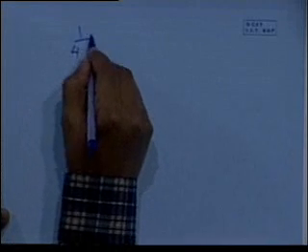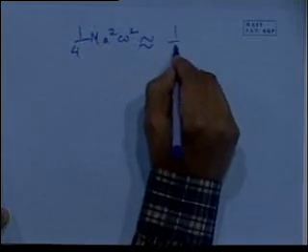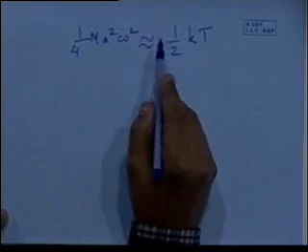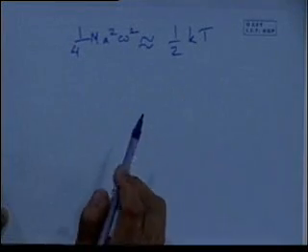So I've got this term as the average kinetic energy, which I can then relate to temperature through 1/4 m a squared omega squared is approximately equal to half kT. I'm not interested in the exact numbers, whether it's 3/2 kT or half kT; we're looking at an overall temperature dependence.